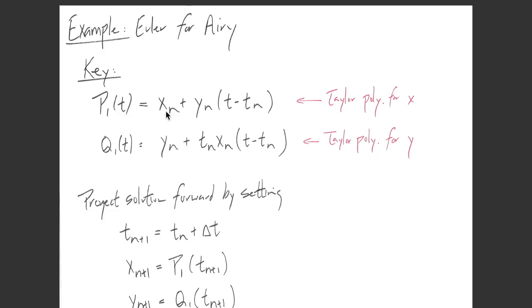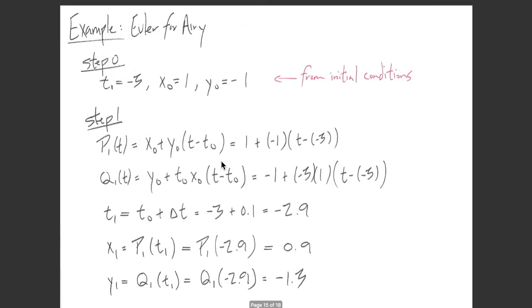What I do here is use the most recently computed values for x n, y n, and t n. So I'm plugging my x0, y0, and t0 values into that formula for p1, and that's what you get. You could obviously simplify that, but let me not do that, because we can just work with it as it is. I just want to show how the pieces fit together here.